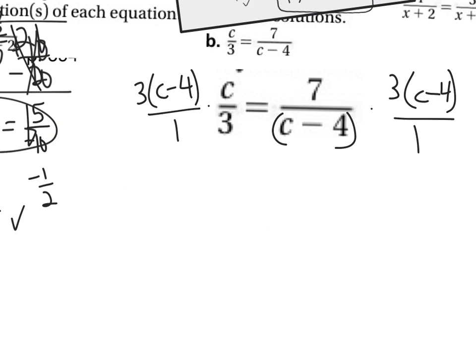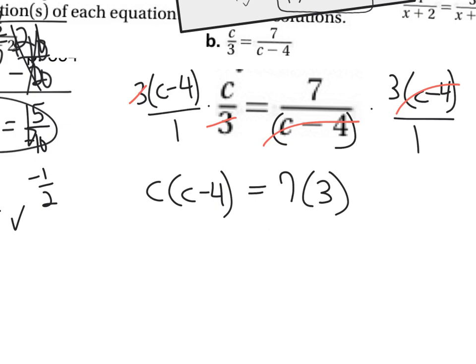So on the left side, we can cancel out the 3's. On the right side, we can cancel out the c minus 4's. And again, I'm just going to rewrite this. Then we can multiply. Here on the left side would be c squared minus 4c. On the right side would be 21.